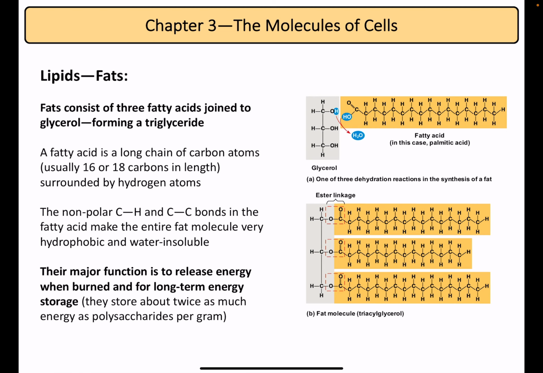And that is why we're going to give the cartoon structure of an unsaturated fat a little bit of a different depiction. So we want to recognize that bend because of the double bond.